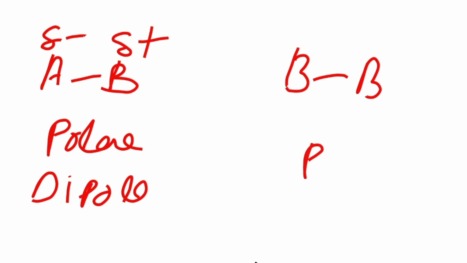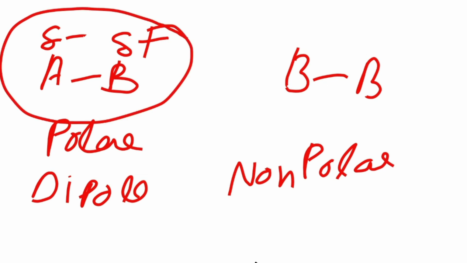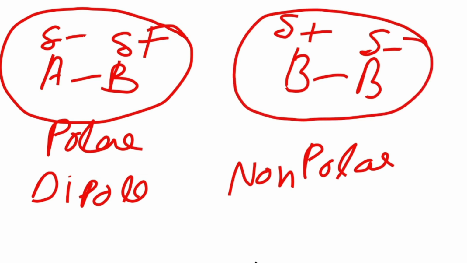This is a non-polar molecule. What will happen there? This dipole will induce the dipole into that. ये non-polar है. जब induce करेगा तो there will be a separation of positive and negative charge. तो अब ये is not non-polar. It becomes induced dipole moment.